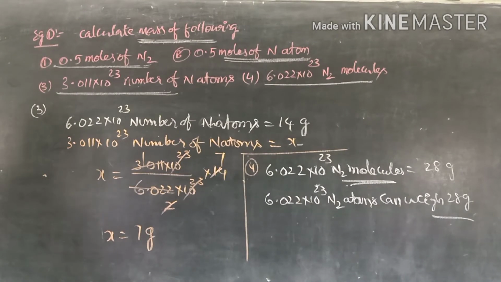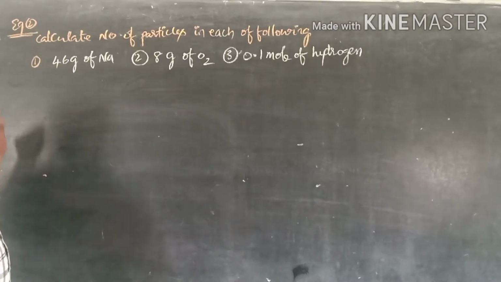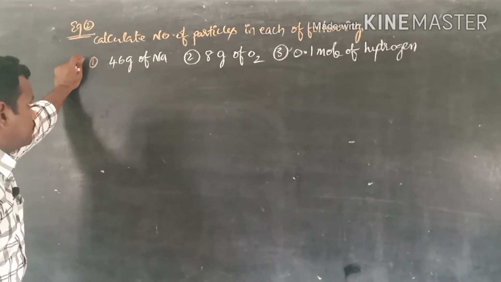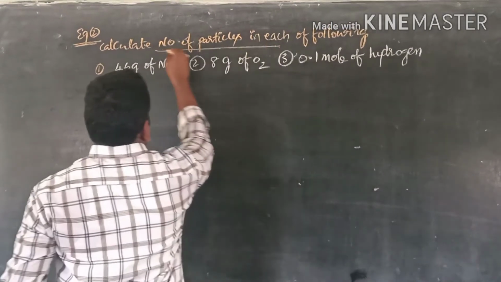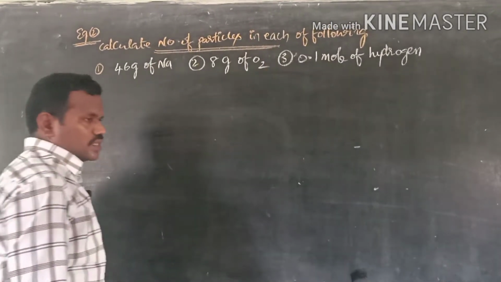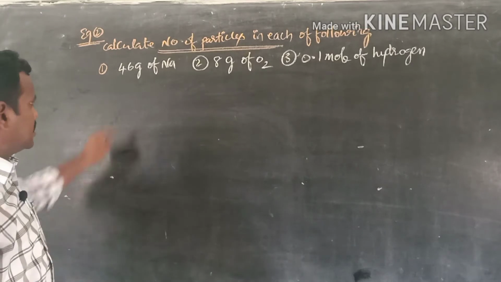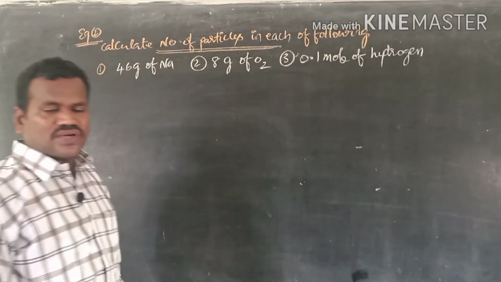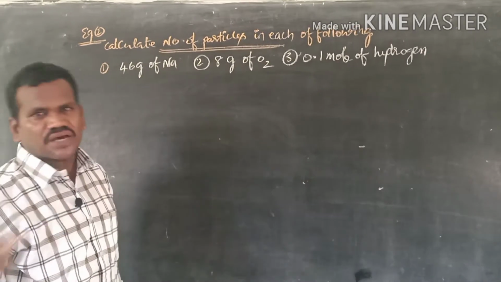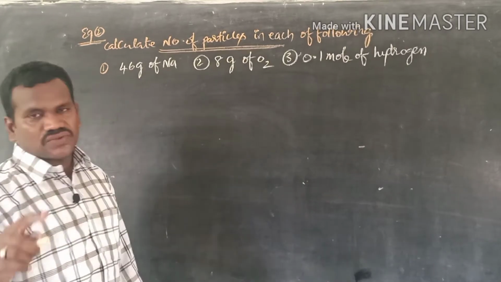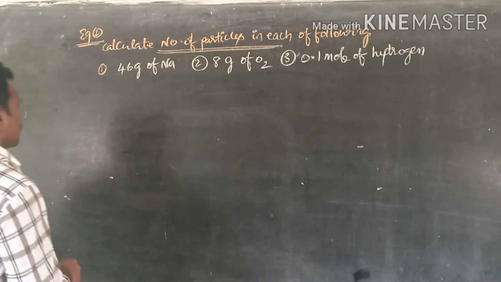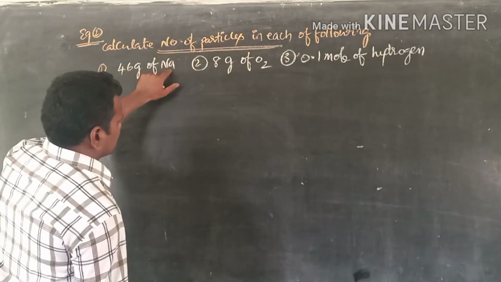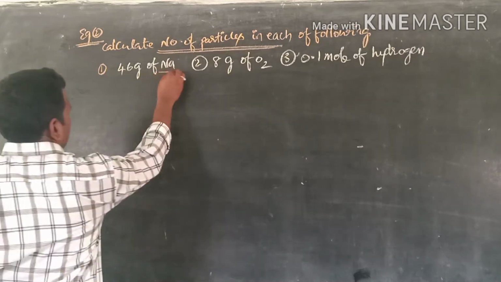Let us solve one more example which is provided in the textbook. Now in this second model, they provided like this. Calculate the number of particles. Means we should find out how many particles are there in the given mass. We require the relation between the mass of the given atom and the number of particles. As we already said earlier, first one, 46 grams of Na, sodium, is provided.